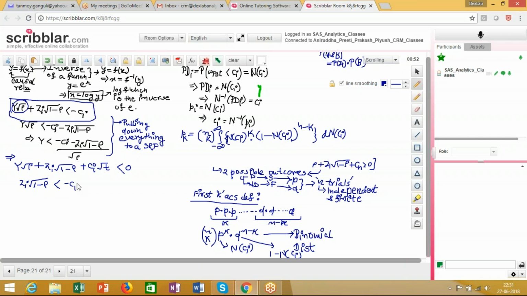And what I'll have is Ci minus Y root rho. This shows that Zi is nothing but minus Ci minus Y root rho.